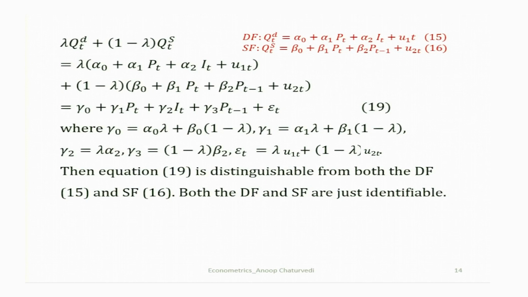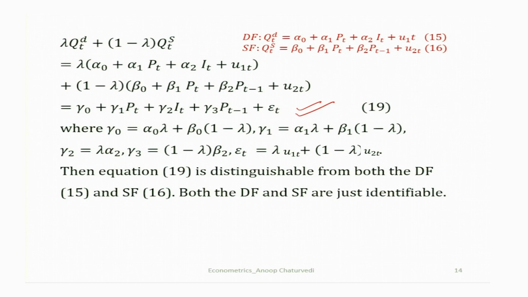Then if you look at this equation, it is distinguishable from both the demand function 15 and the supply function 16. So, both the demand function and supply function are just identified. Say this equation has I t, p t minus 1 and p t involved in it.